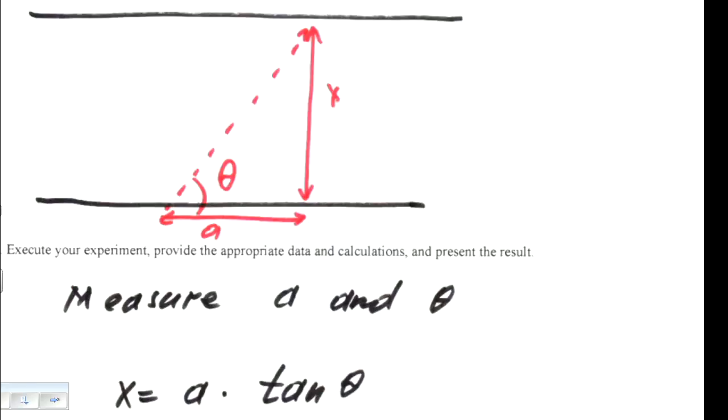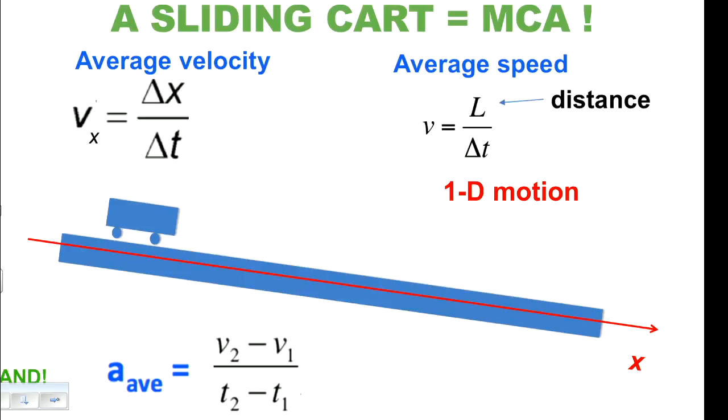That's it. And for reaching across the open space, you just need to use the right triangle. But the trick is this angle theta should be large enough, at least some value between 30 and 50. Otherwise, the measurement wouldn't be correct. And finally, let's get back on the track, literally.